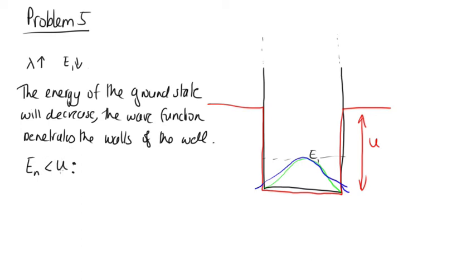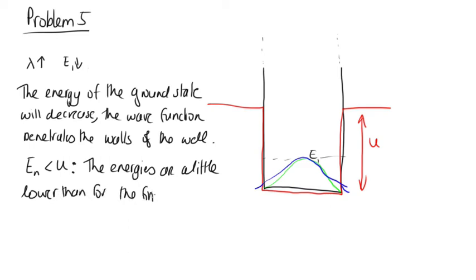So if En is less than U, the energies are a little lower than for the infinite well. The wave function extends into the walls.